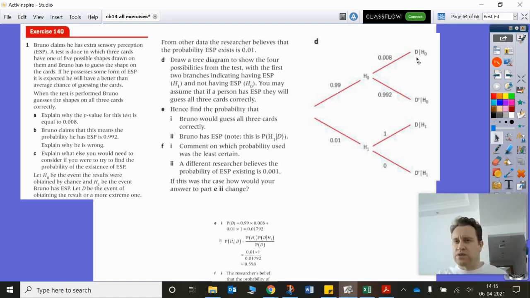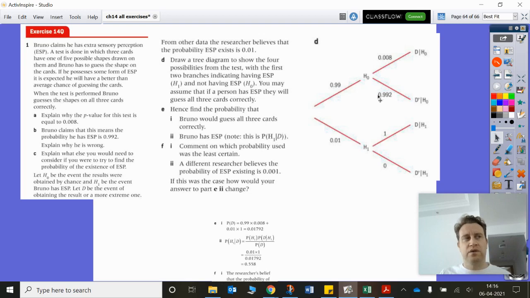Okay, so if this doesn't exist in the population, the chance that we will decide that he has it is our type 1 error. Type 1 error is the 0.2 to the power of 3. That's him randomly guessing 3 times, yeah?